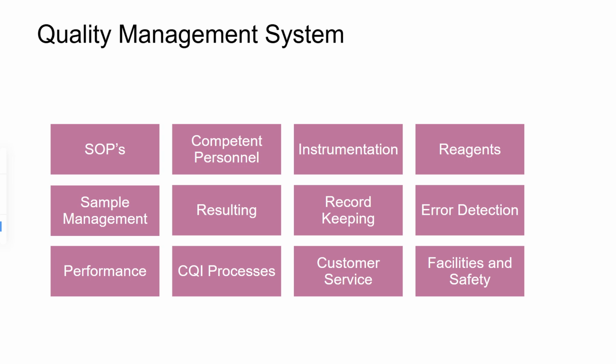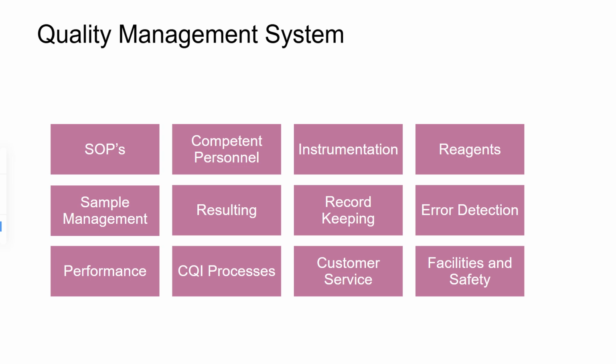Sample management. So we'll talk a little bit more about this as we go through these slides, but when you have a patient sample, it has to be treated correctly in order to produce the correct result. So whether it has to be blocked from sunlight for certain tests, or drawn in a certain way, put in a certain tube, added certain types of preservative to the sample, transported at a particular temperature or within a particular time frame.